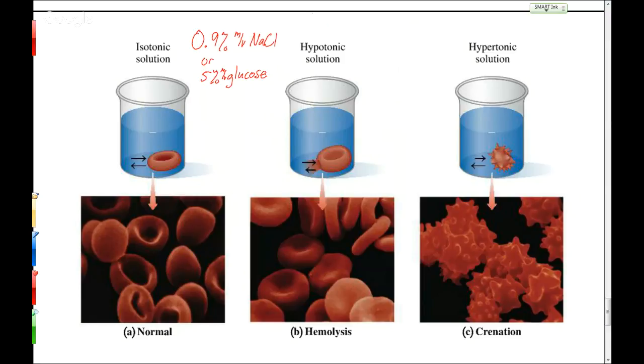Different concentrations because of the different number of particles that would be dissolved in those. The molarity ends up being the same. Well, the molarity of ions in NaCl, the molarity of glucose is about 0.3 molar. That's the same as what you have inside the cell. So that doesn't force anything in or out.